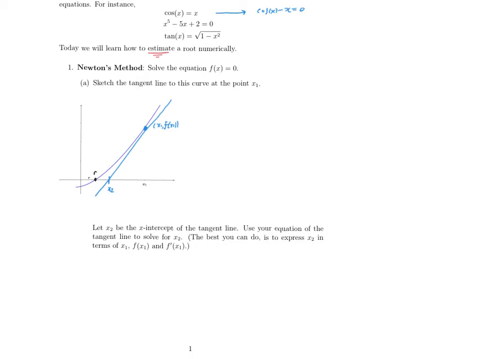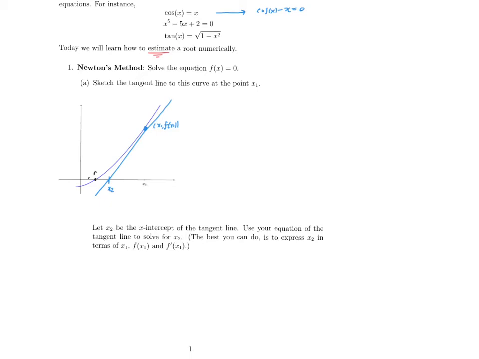And the observation I want to make, and this is just a very initial observation, is x2 is closer to this value r we are trying to approximate than our initial guess x1 was. And we will now try to solve for x2 algebraically.